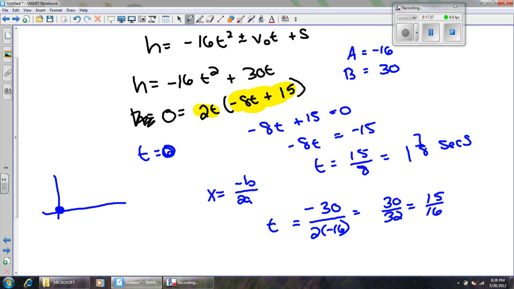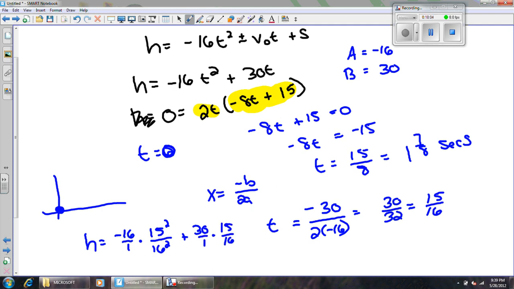But the question is, how high does it go? Well, I'm going to plug that in. h is going to equal negative 16 over 1 times 15 squared over 16 squared, plus 30 over 1 times 15/16. I'm doing a little cheat here.